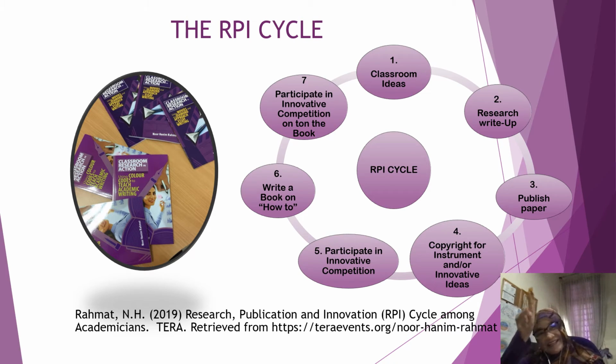That's just the third in the RPI. We haven't reached number 4 yet. And then when you have published the paper, don't forget to get a copyright for it, intellectual property right, IP, for that particular method of teaching.